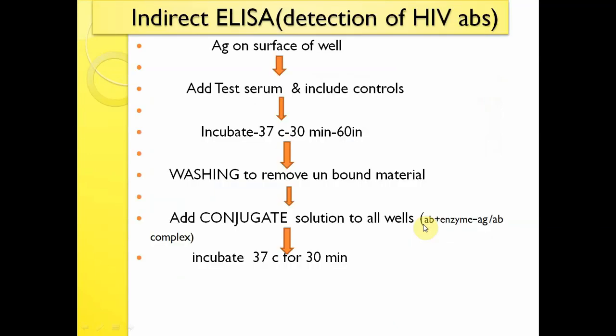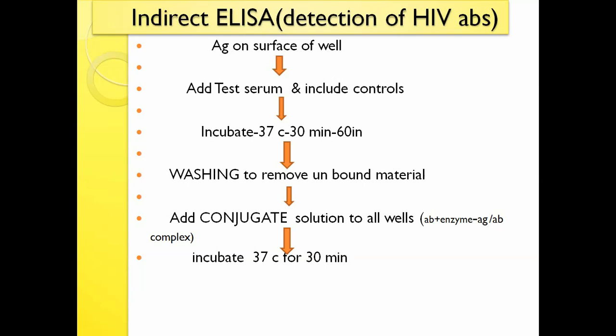So moving to the procedure. The indirect ELISA I have given here is for detection of HIV antibodies. To detect antibodies, the surface of the wells is to be coated with the antigen. So microwells are coated with the antigen. Now add the test serum to the well and include the PC and NC.